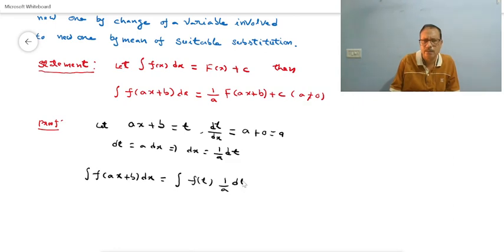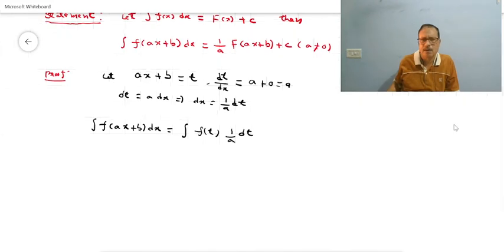into dt. So I write 1 by a outside, since it is a constant, so 1 by a into integral of f of t dt.